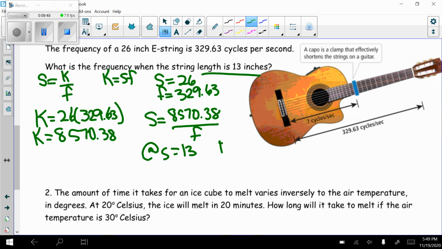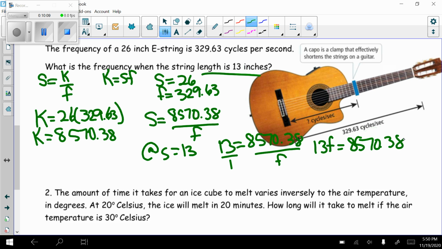So I get 13 equals 8,570.38 divided by F. I'm trying to find out what F is. I really have a proportion here, like this is 13 over 1. So if I cross multiply, I get 13 times F equals 8,570.38.